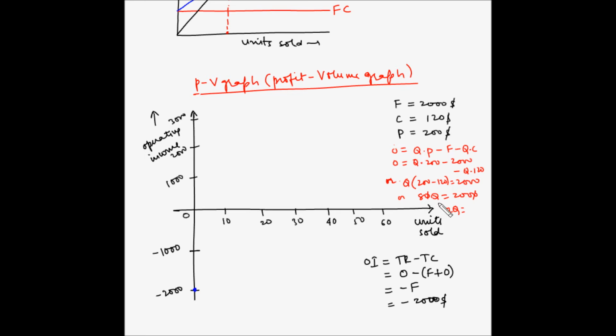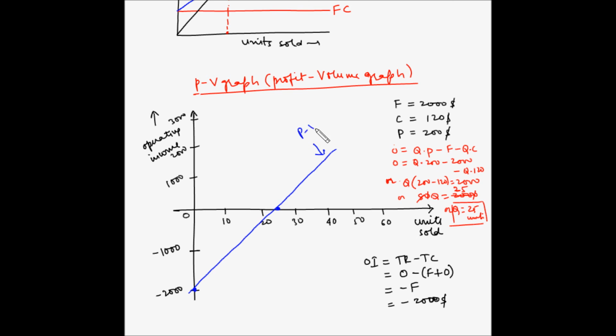This 0 gets cancelled with this 0, 8 1s are 8, 8 2s are 16, so 4 carry over, 8 5s are 40, so Q is 25 units. So this is the break-even point, which is here. Using these 2 points, we can now draw the profit volume line, which is this line here.